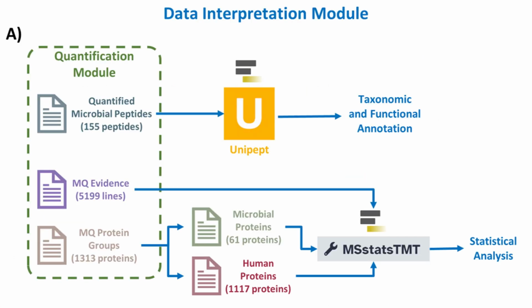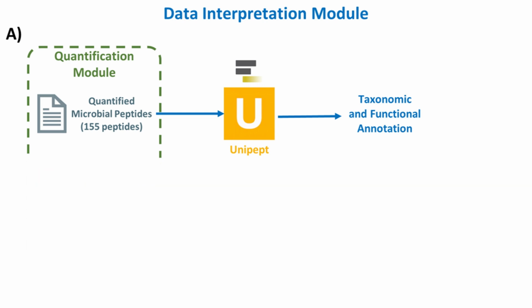Here is the overview of the data interpretation module. The list of quantified microbial peptides will be put into Unipept for taxonomic and functional annotation. The reason we use Unipept for this step is because it is a powerful bioinformatics platform that integrates with public databases like Uniprot to perform taxonomic and functional analysis.